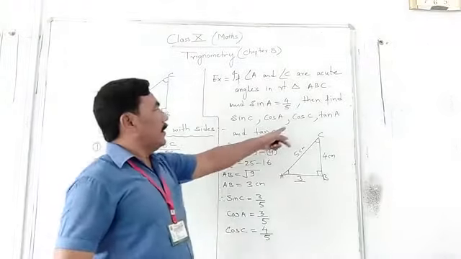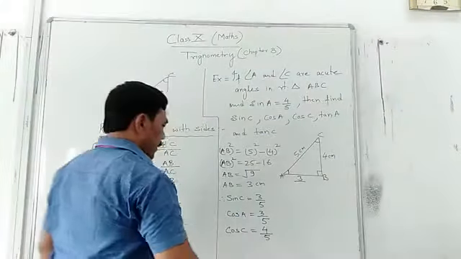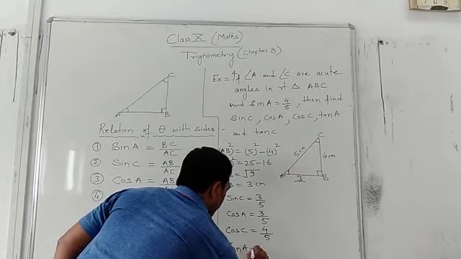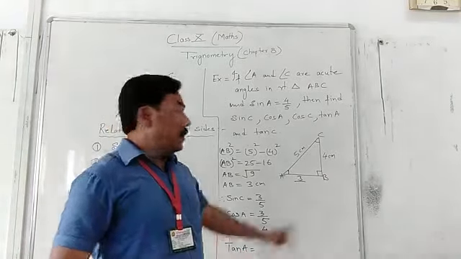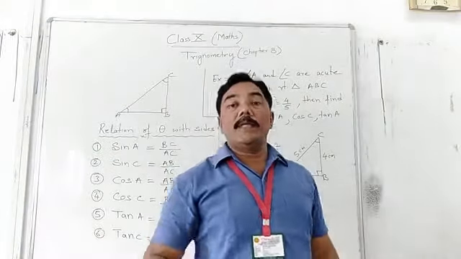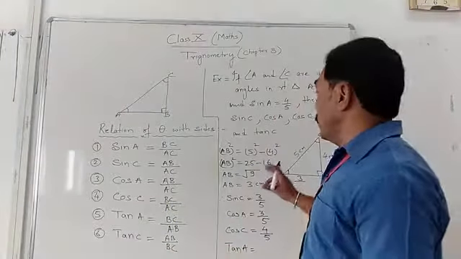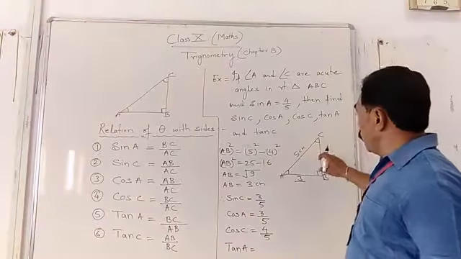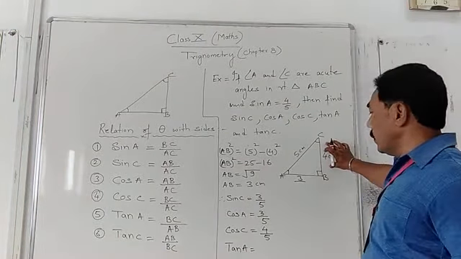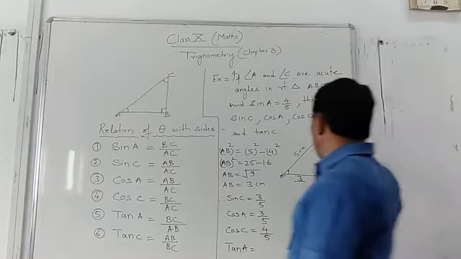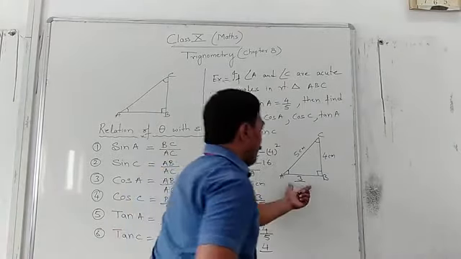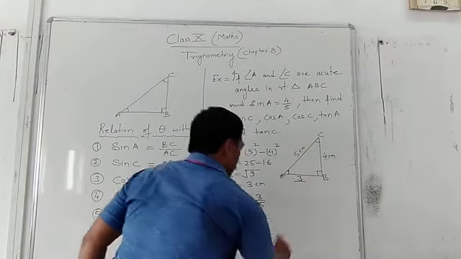Now we have to find tan A. The side opposite to angle A is the perpendicular, which is 4, so tan A is 4 upon base 3.